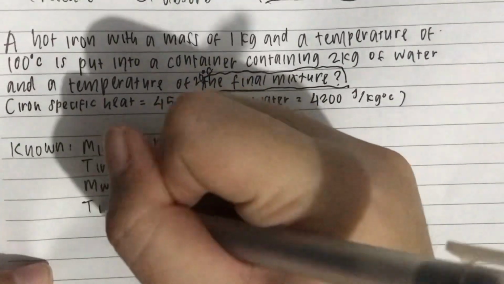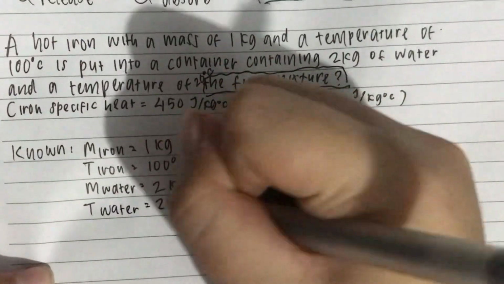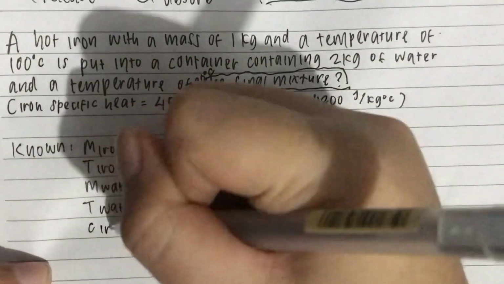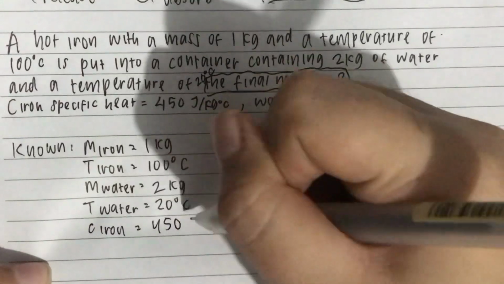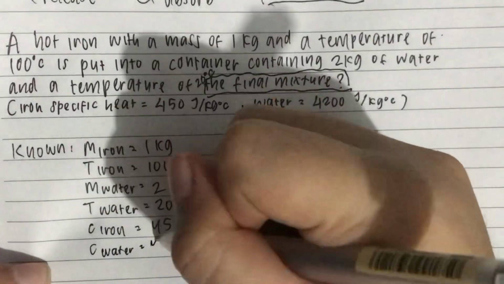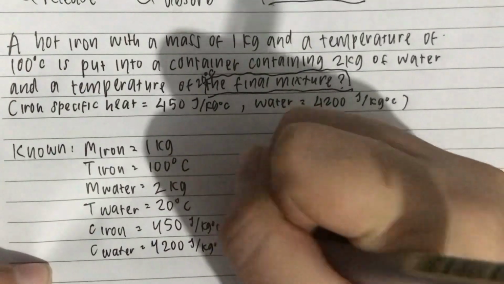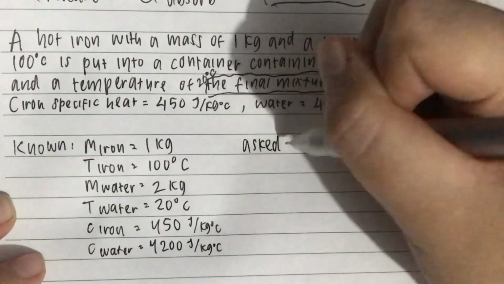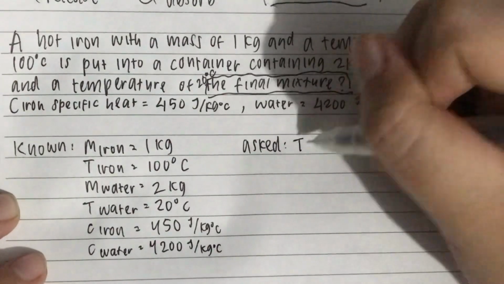So we know that the temperature of water is 20 degrees Celsius. Specific heat of iron, 450 joules per kilogram Celsius. Specific heat of water, 4,200 joules per kilogram Celsius. And so we need to find the temperature of the final mixture.